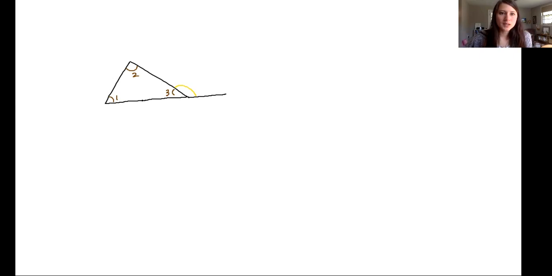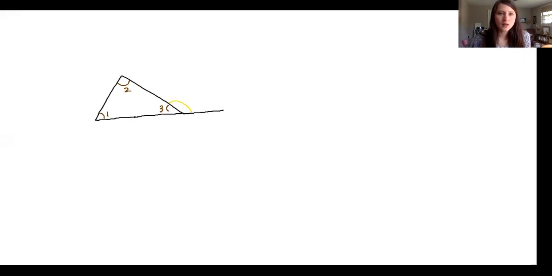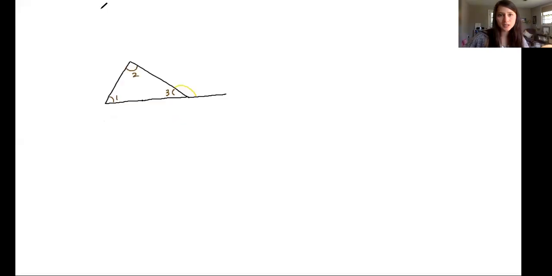But what we see here is something interesting. This is called the exterior angle theorem. And this is saying that the exterior angle is going to be the sum of the two angles that are opposite from the supplementary angle of what we're looking at.